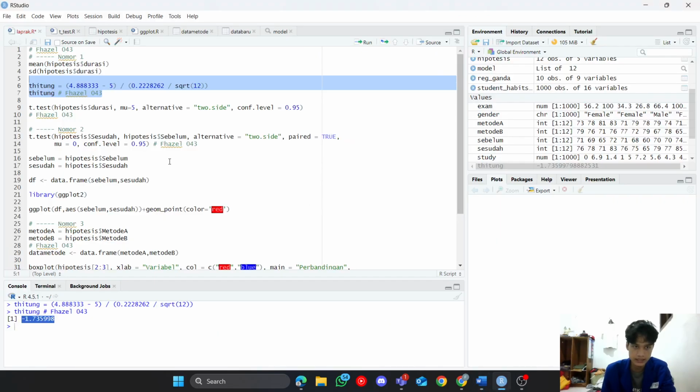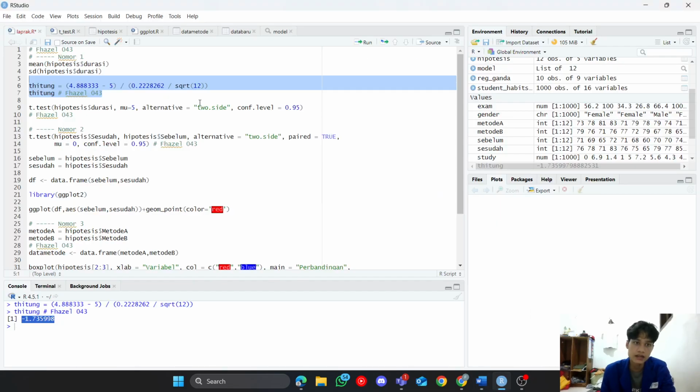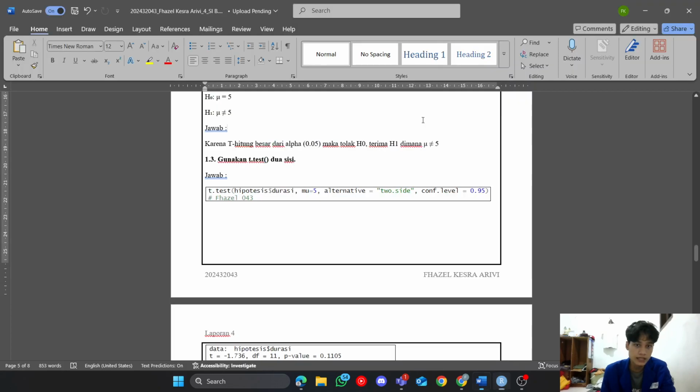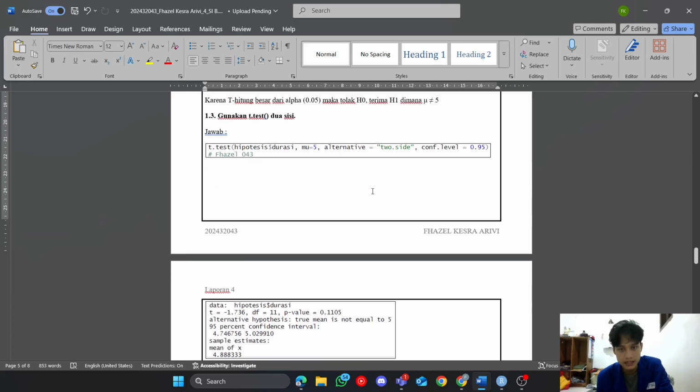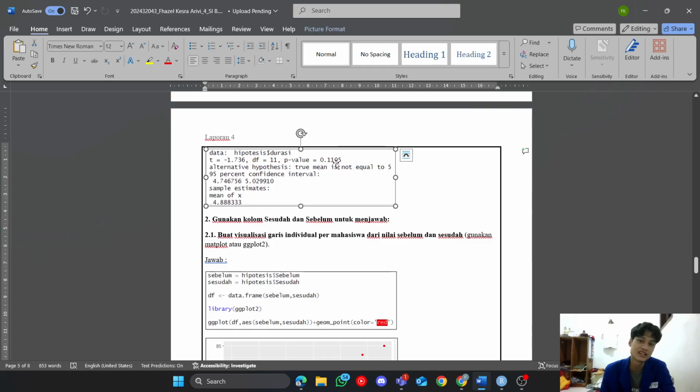And the next is t-test two-sided. The alternative is two-sided, so maybe the instruction asks us explicitly for two-sided, so not one tail, so it is two tail. So the result is here, like before.